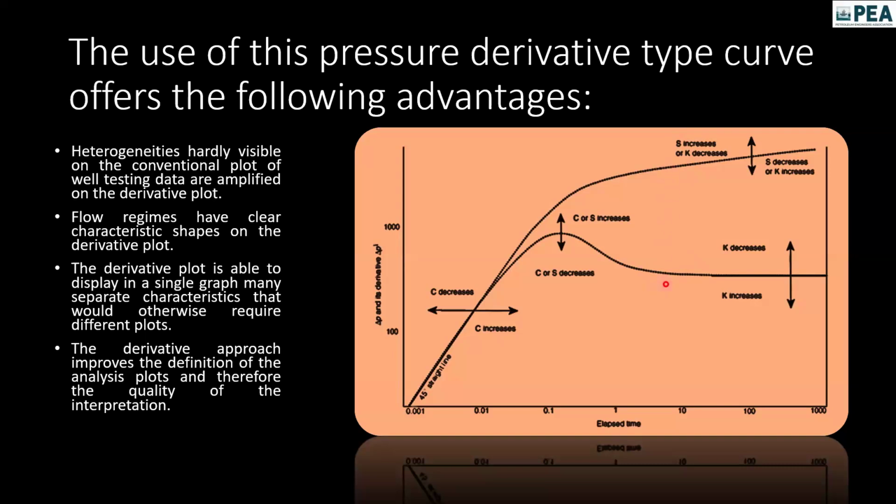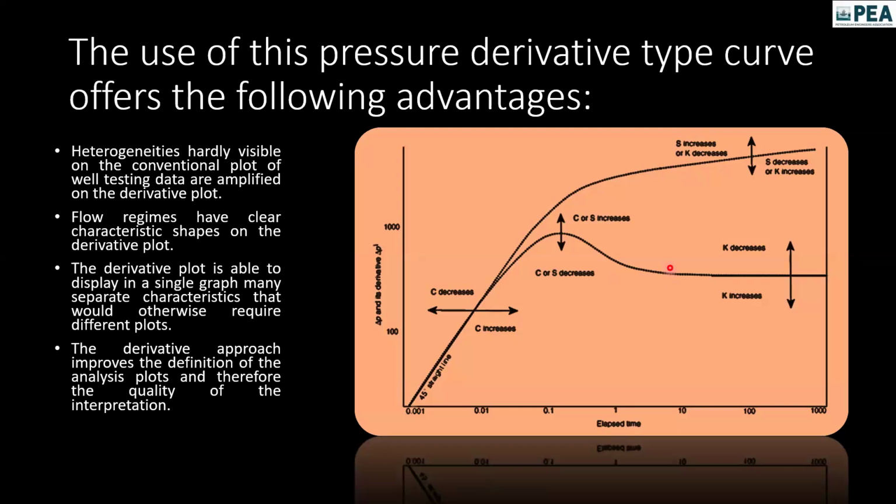So this gap represents the skin zone. If there is no skin zone, these two curves might overlap. They may not exactly overlap, they could have a little difference, but they will come close to each other. So when you observe a gap between buildup and derivative, that means the well has been affected by a skin zone. These are the things that we will be observing in real time.